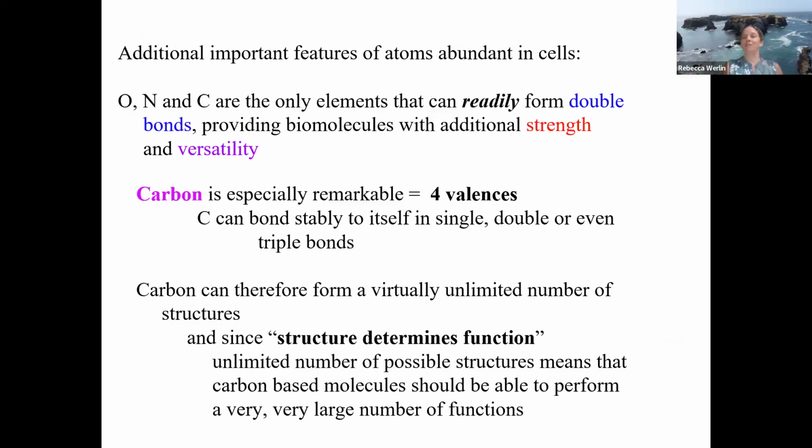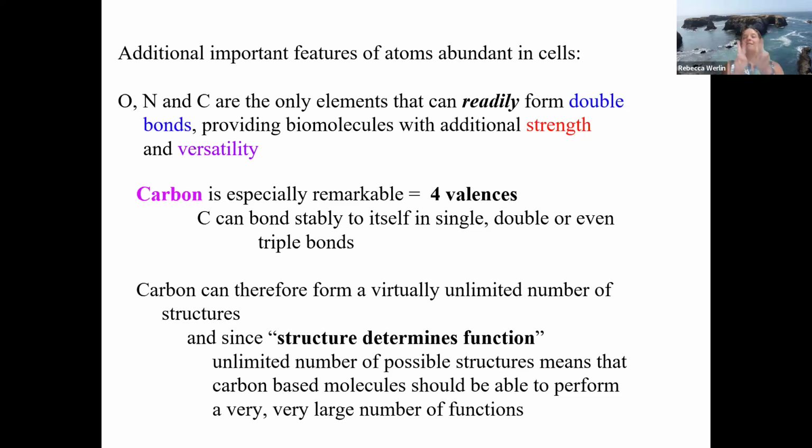So, forming molecules in cells. For living cells, oxygen, nitrogen, and carbon are really the only things that will be easily manipulable in cells. So carbon, oxygen, and nitrogen can form double covalent bonds. One covalent bond is the equal sharing of an electron pair, 2 electrons.